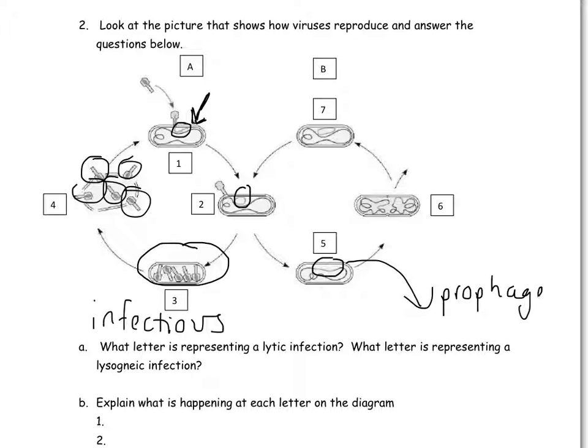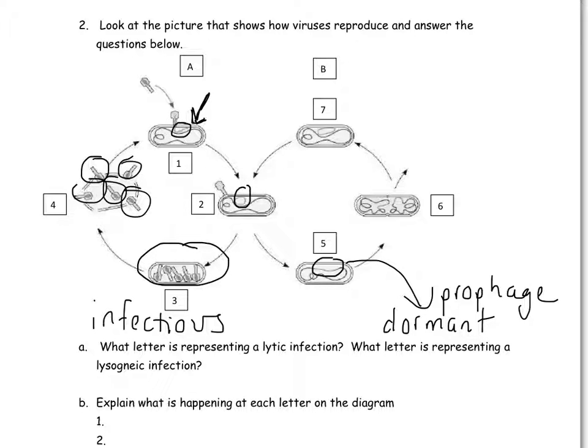So a prophage is when the viral DNA blends in with the host DNA and it's dormant, like a volcano. So it's almost like it's in there, but the host cell doesn't know it's there.